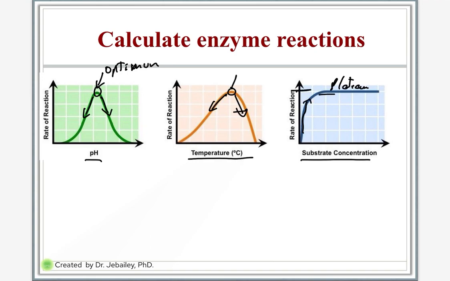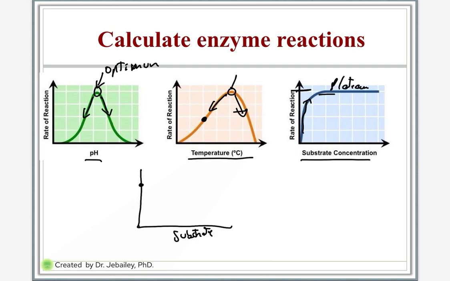If you want to calculate an enzyme reaction, we can always look at the process right here, how much product has been formed. Or we usually can have a graph where we talk about the substrate here and, right here, the product, how much product is being formed, or the enzyme activity.